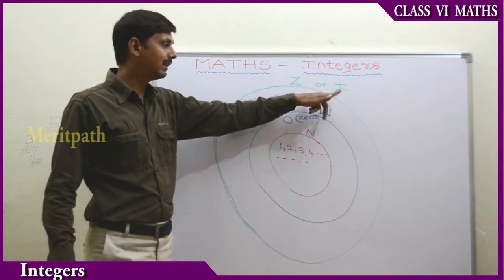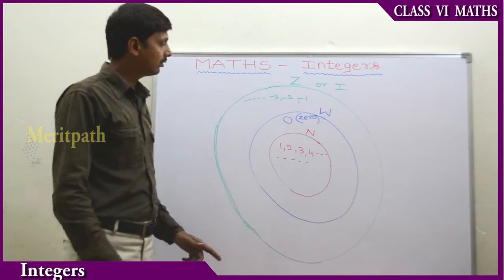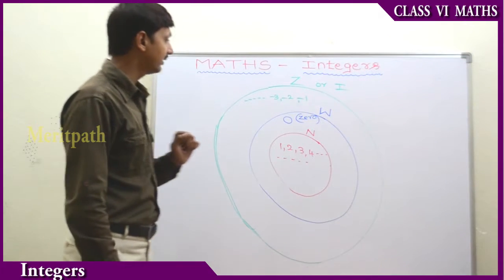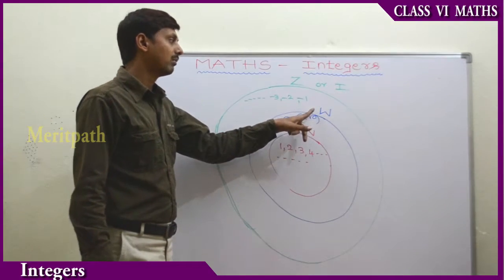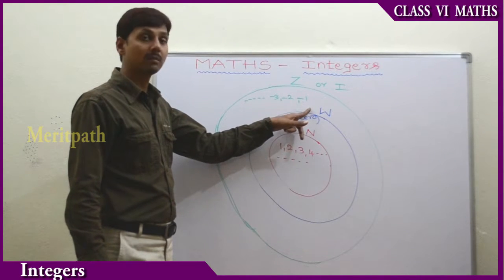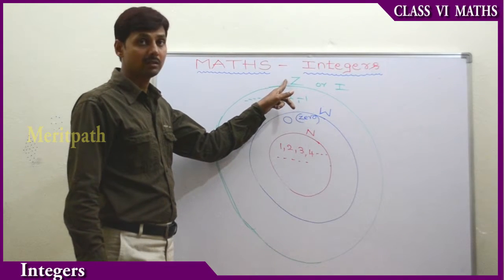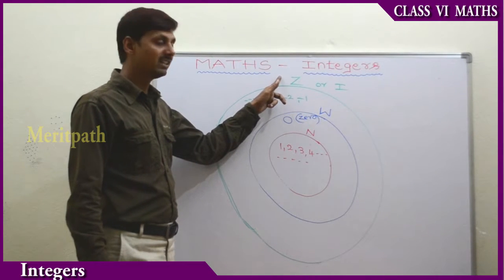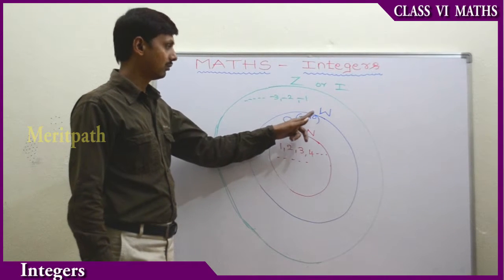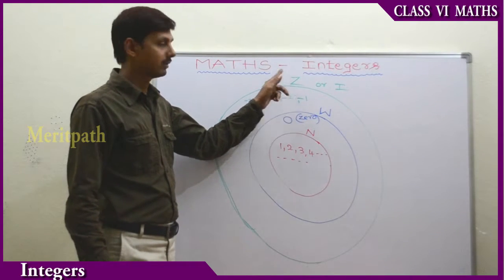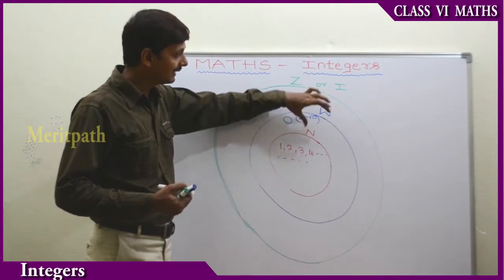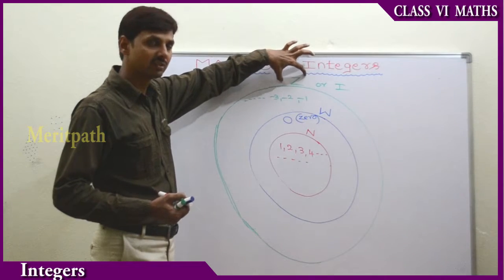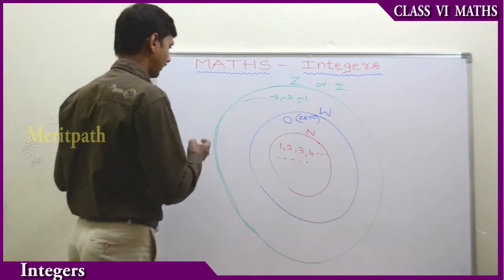Integers are denoted by Z or capital I. So this is a picture of natural numbers, whole numbers and integers. We can say that natural numbers are a subset of whole numbers, whole numbers are a subset of integers, and finally natural numbers are also a subset of integers. All the natural numbers are present in whole numbers and all the whole numbers are present in integers. So let's write that relation.